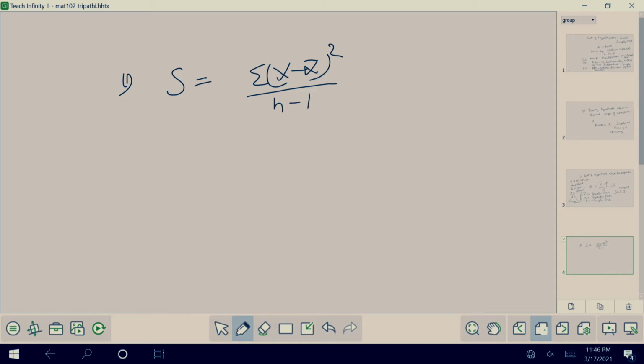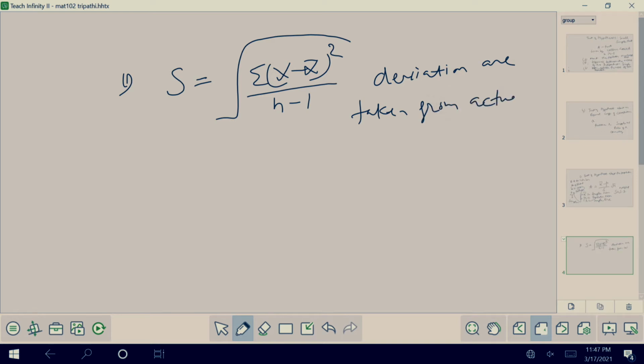This formula is used when deviations are taken from actual mean.